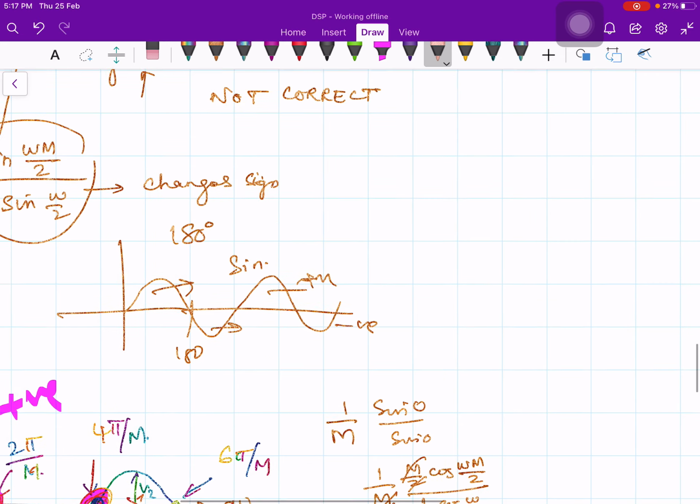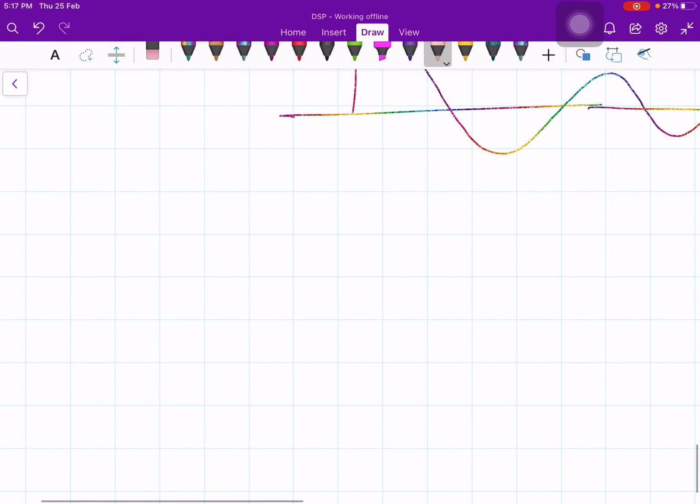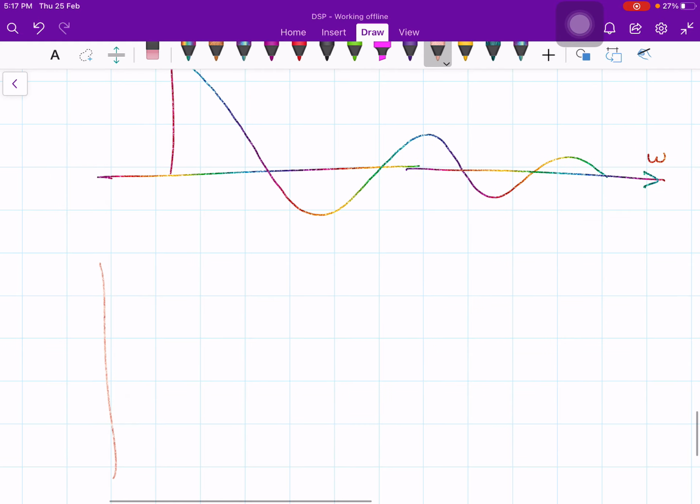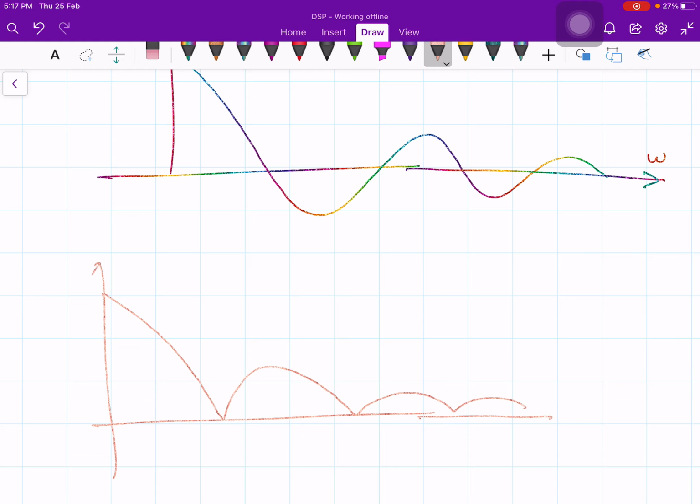Therefore, if you plot the magnitude, this negative part becomes positive. This is the magnitude of H of e to the j omega, and this is frequency. This is 2 pi by capital M, and this one is 4 pi by capital M, 6 pi by capital M, and so on and so forth.